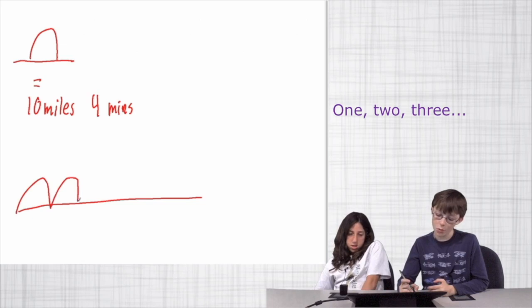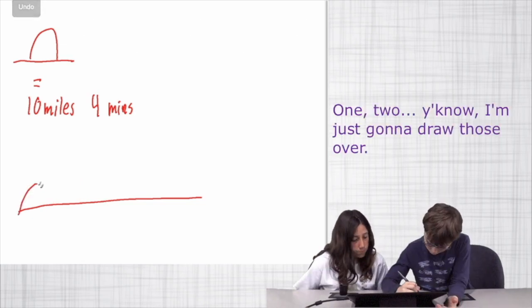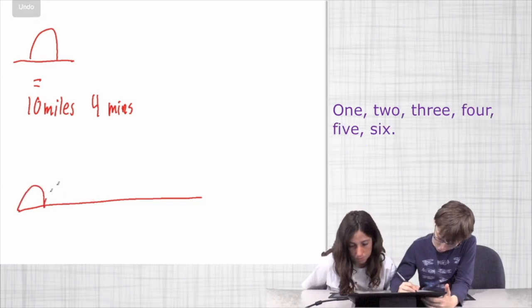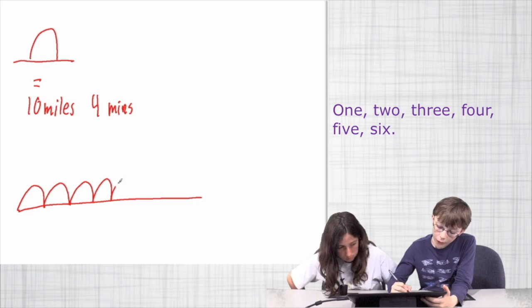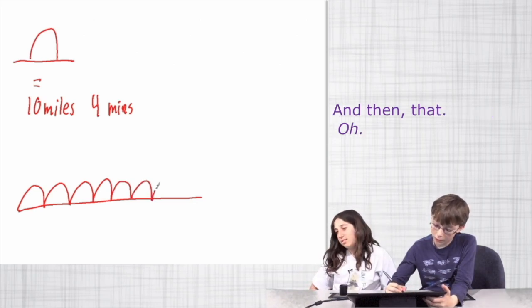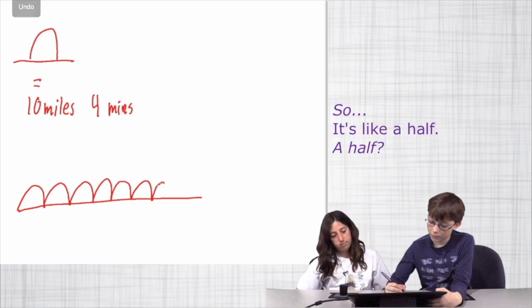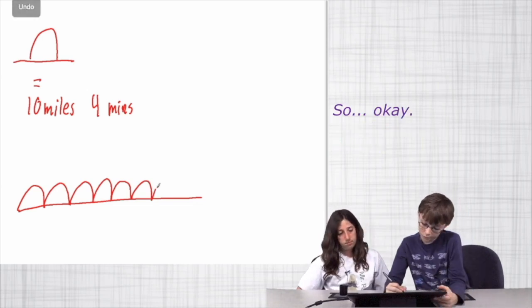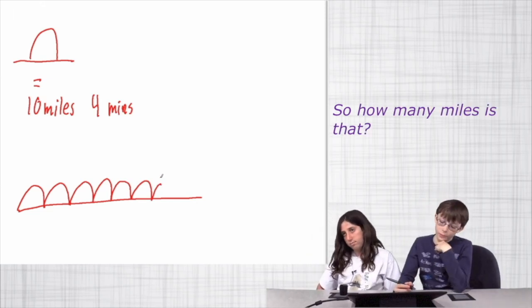1, 2, 3. I'm just gonna draw them separate. 1, 2, 3, 4, 5, 6, and then that. So it's like a half. So how many miles is that?